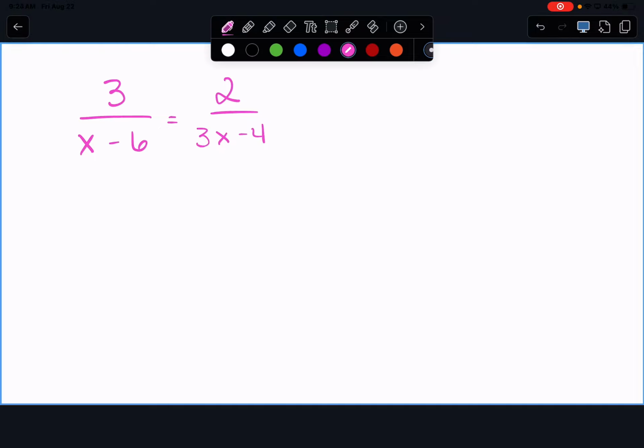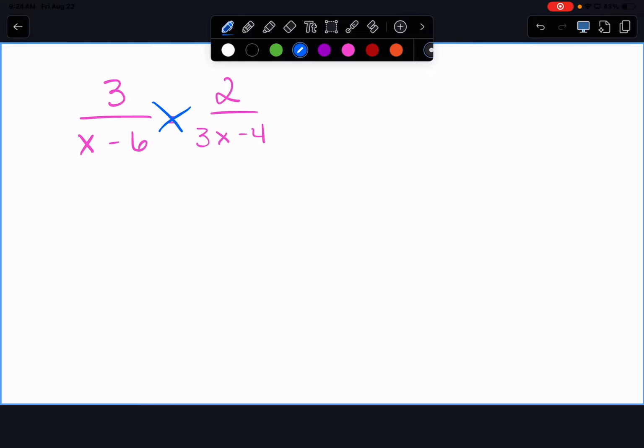It was question C, where it had 3 over x minus 6 is equal to 2 over 3x minus 4. So what do I need to do to solve this question? Cross multiply.